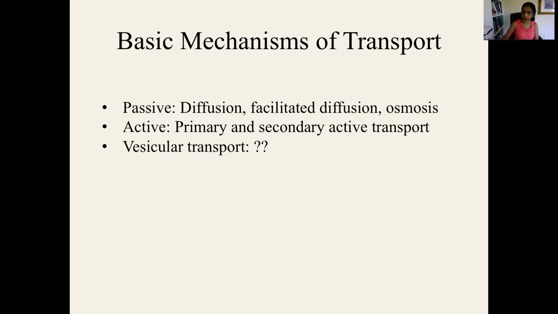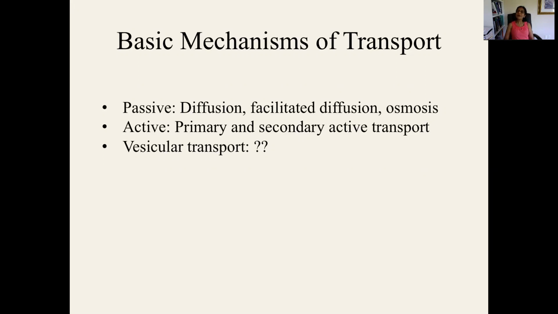Okay, first of all, let's organize the transport mechanisms into passive and active types. Passive transport mechanism is where you do not use ATP, you do not use energy. ATP is the most common energy currency in the body.